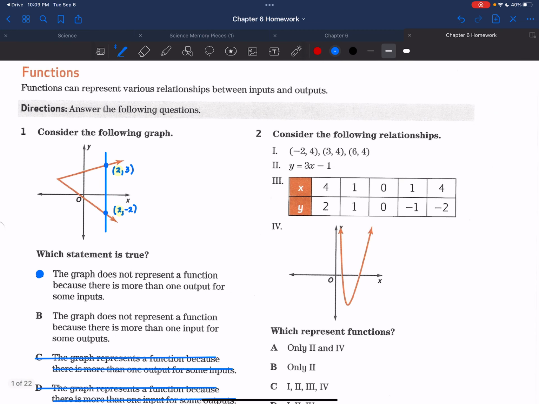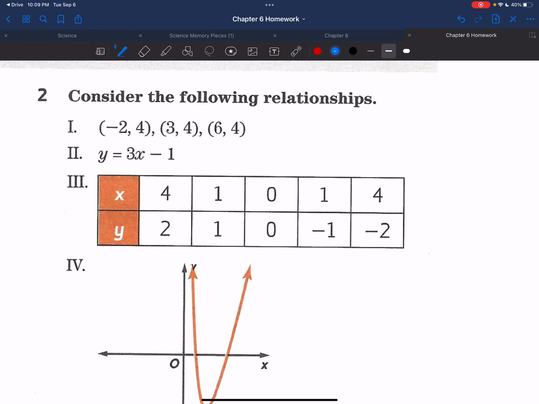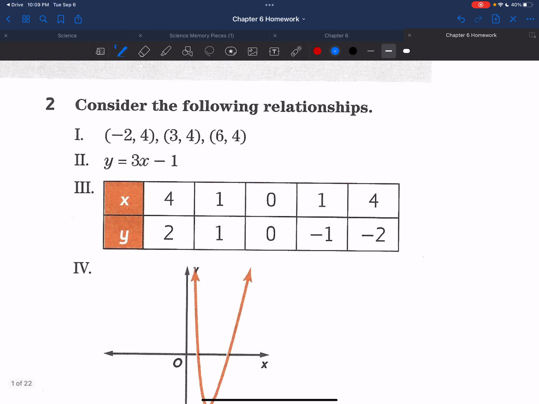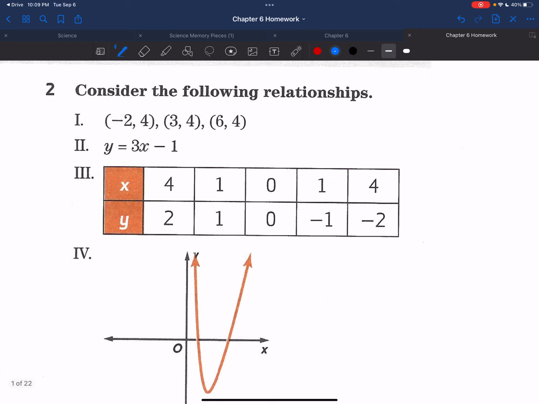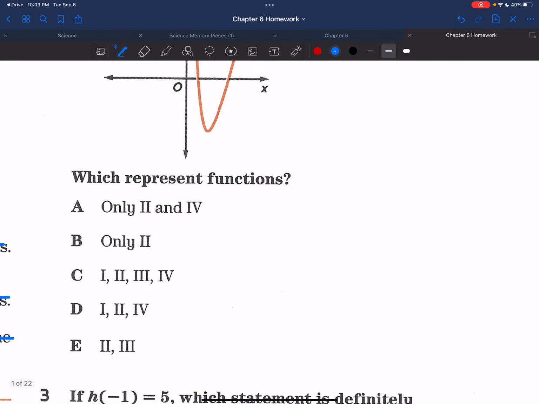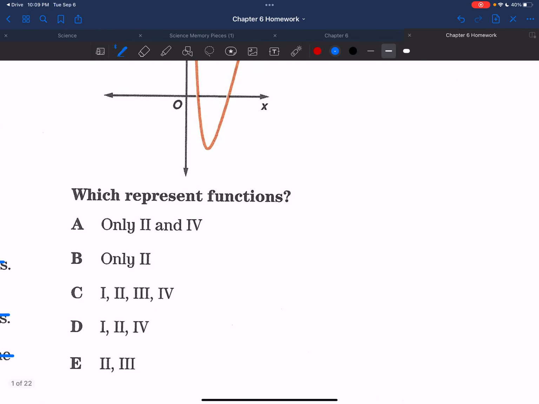Okay, number 2. Consider the following relationships. So we have 4 of them. We have a set of points, an equation in slope-intercept form, a table of values, and a graph, which represent functions.